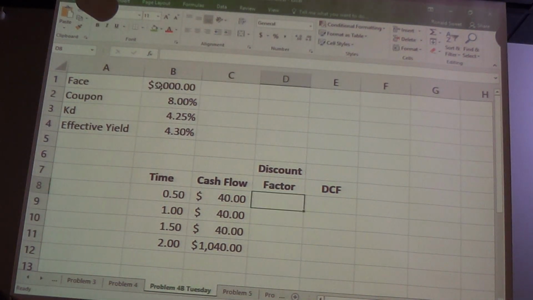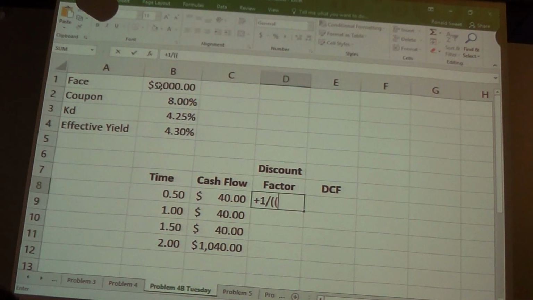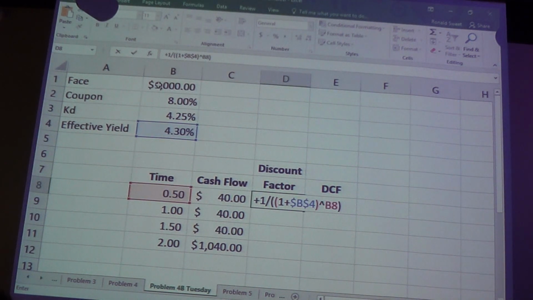Our discount factor is just 1 divided by 1 plus our effective yield, in parentheses. Lock it in, raise it to the time. Right? Make sure you got your parentheses in the right place. Some of you on the homework are having some parentheses problems, so make sure you get the parentheses in the right place. If I hit enter, what number are you expecting?